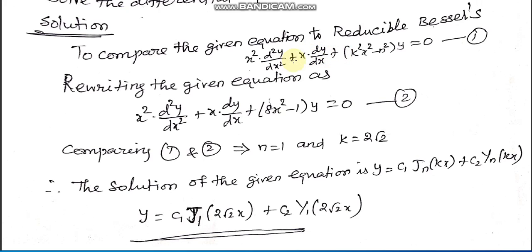On comparing, both equations 1 and 2, we find the value of n as 1 and k equal to 2 root 2. Now the solution form we know. On substituting the n value and k value in the solution, we find the solution of the given differential equation.